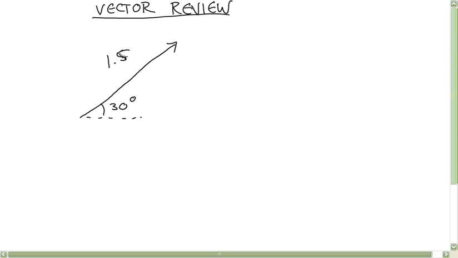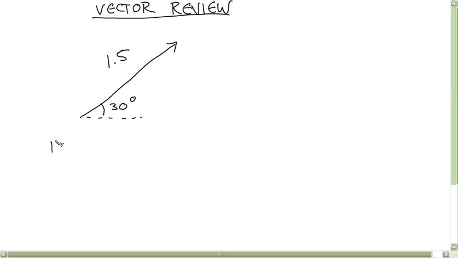What do I need in order to represent this vector in terms of coordinates? I know mathematically I'm going to use trig functions and whatever, but this is not enough yet for me to express this in coordinates. What else do I need? A coordinate system, that's right. And a coordinate system is made up of an origin and an orientation, okay?